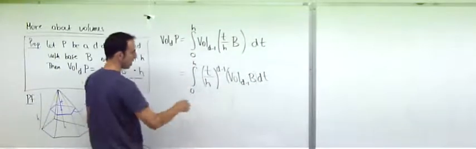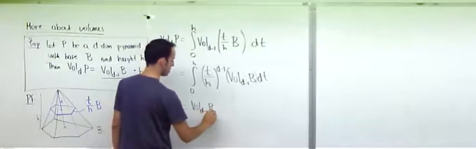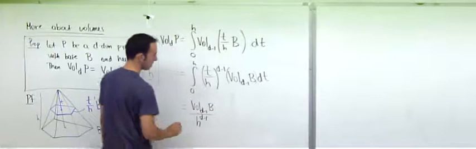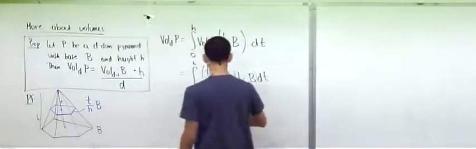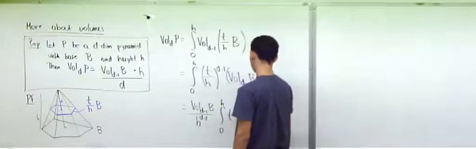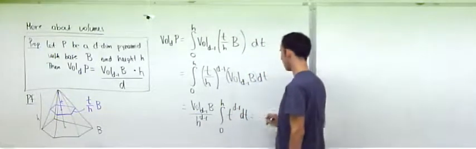And now we can pull all the constants out. So this volume is a constant. h over d minus 1 is a constant. And so what I have is the integral from 0 to h of t to the d minus 1 dt. Okay, and we know what that is.